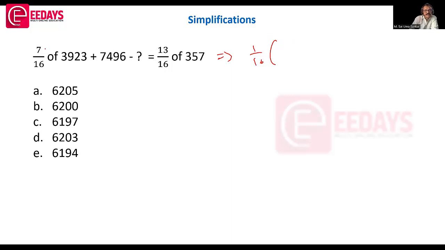What is 13 minus 7? That is equal to 6 on it, 1/16. And next, these values are different. So don't take it like this, leave it. Let us take this as 4,000. How much?